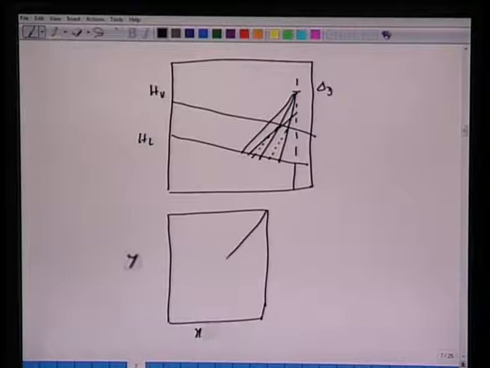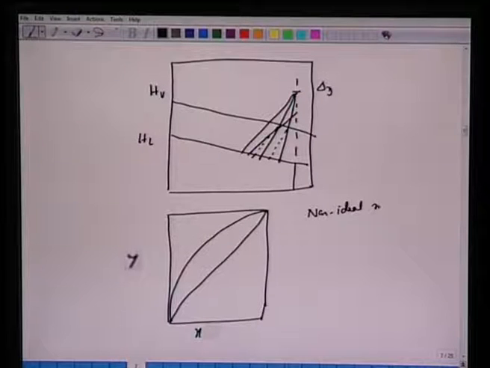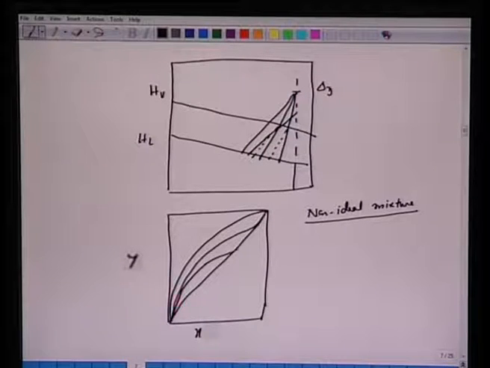This is a 45-degree line. Very often we have this type of equilibrium curve, but there are certain non-ideal mixtures, in which case we have a curve like this, or we can have an equilibrium curve like this. These are all non-ideal mixtures, or azeotropic mixtures.